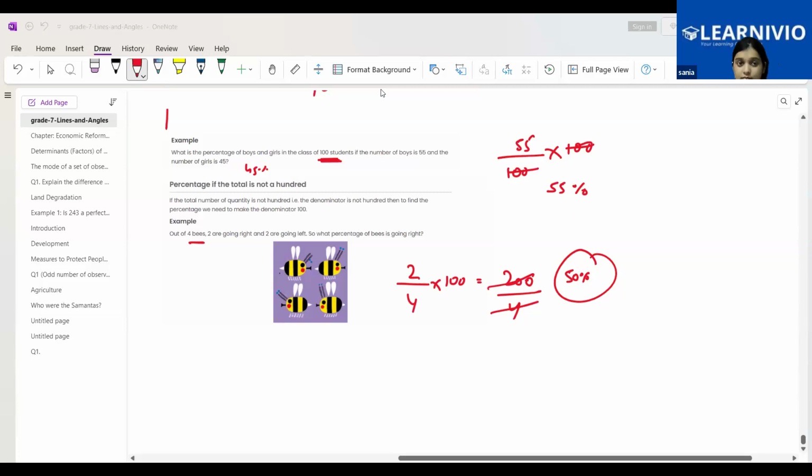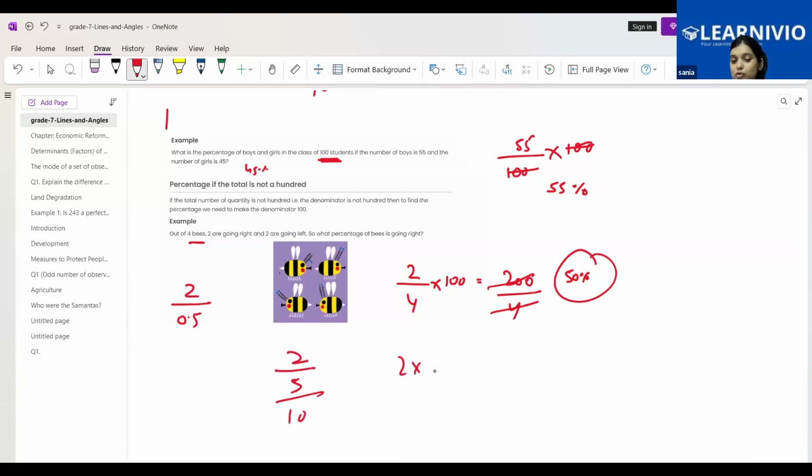Ma'am, when we divide a number by a decimal, it becomes bigger, right? For example, 2 divided by 0.5. Why does it become 4? I don't understand. So 0.5 is like 5 by 10.